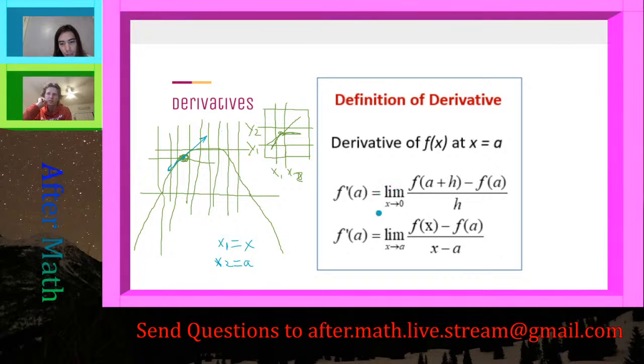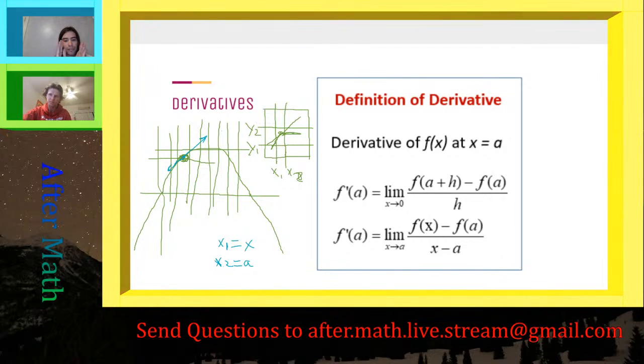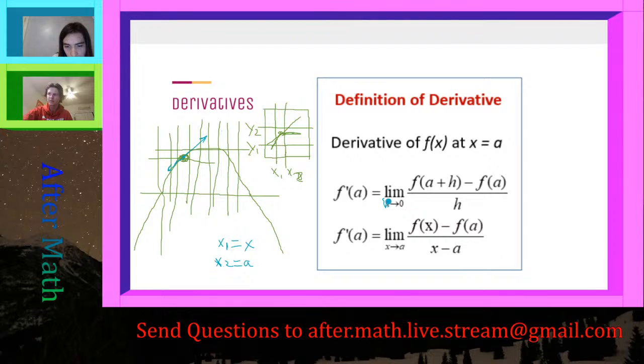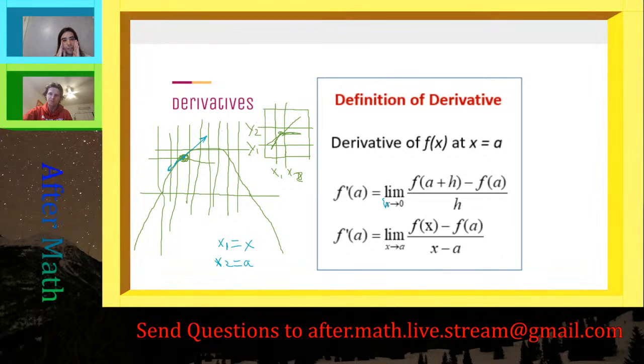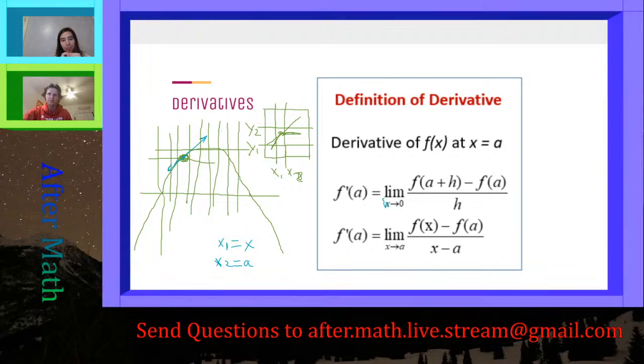The whole thing with the upper part of the limit, or this upper definition, says as the limit goes to 0. So that says the distance between those 2 points, this is supposed to be an h in here, not an x, is supposed to get to the point where they're essentially on top of each other. So x1 is so close to x2 that they almost equal each other. They don't quite equal each other, but they essentially do.